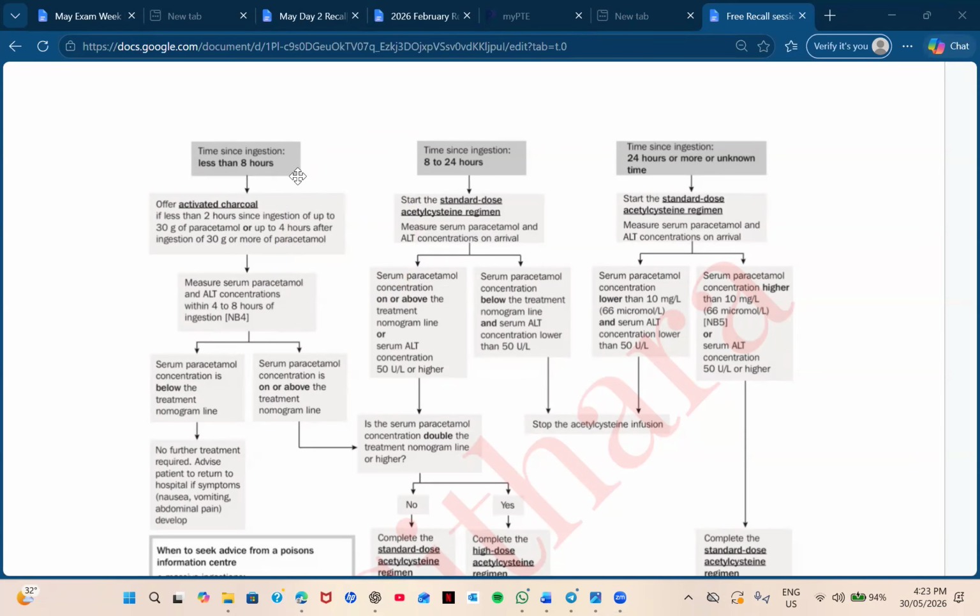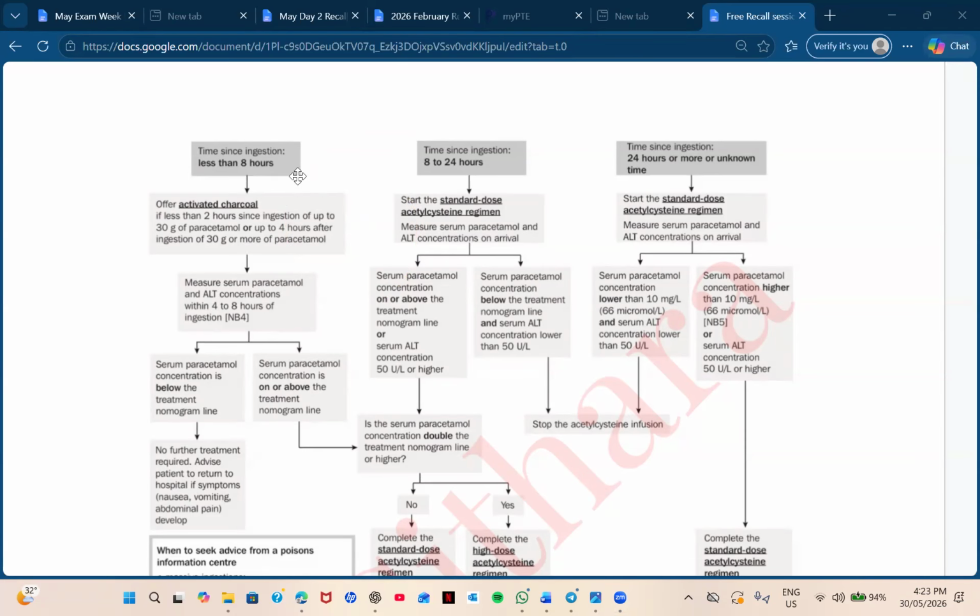Because charcoal can be given up to 4 hours. Up to 2 hours or 4 hours, in this case with more than 30 tablets, anyway up to 4 hours we can give. But the patient is coming after 5 hours. So in that case, no activated charcoal.